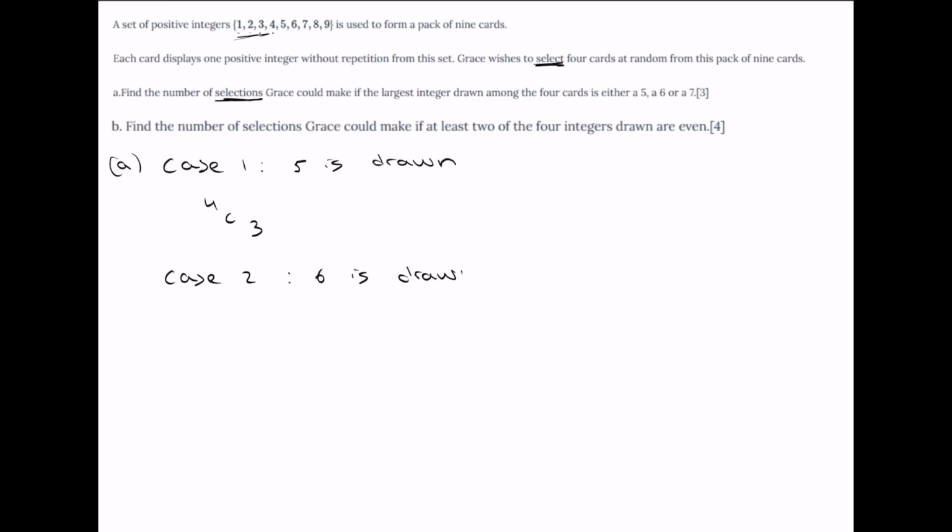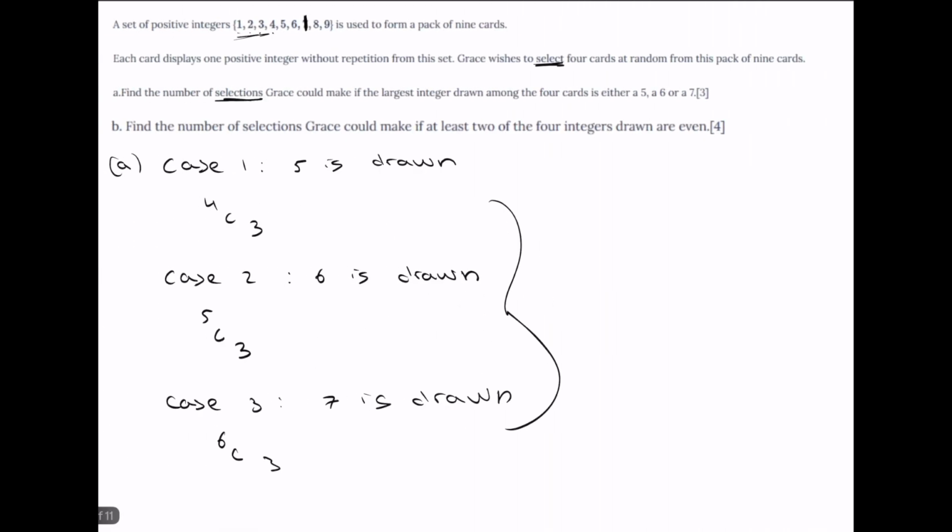This time 6 is drawn, so we can only choose from 5 cards, so 5 choose 3. And case 3 is when 7 is drawn. Now 7 is taken, so we can only pick from 1, 2, 3, 4, 5, and 6, so it's 6 choose 3. And your final answer is just the summation of these 3: 4 choose 3 plus 5 choose 3 plus 6 choose 3.